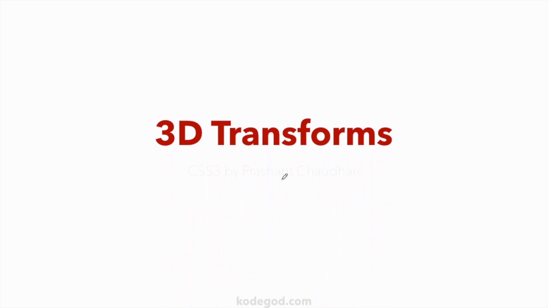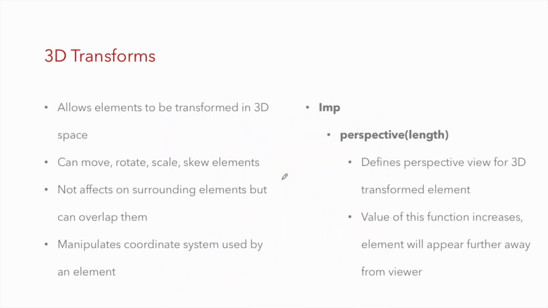Now we will continue with the 3D transformations. 3D transformations allow elements to be transformed in a 3D space. Again, similar to 2D transformations, you can move, rotate, scale and skew elements. It won't have any effect on surrounding elements, but depending on your code, your element might overlap other elements.